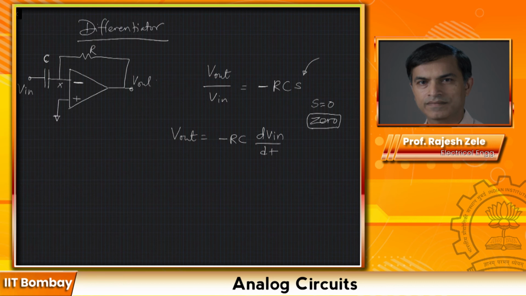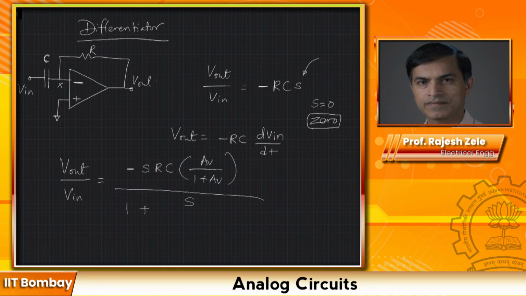And if we do the same finite gain analysis, you will see that V out divided by V in is equal to minus SRC AV divided by 1 plus AV. This is something that I expect you to do on your own, but I'm just writing the expression to make a point. And follow the same trick that we used before. Divide by RC.